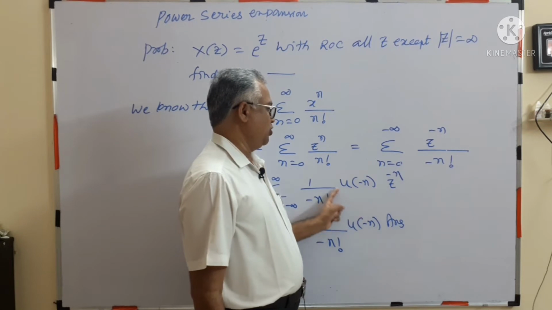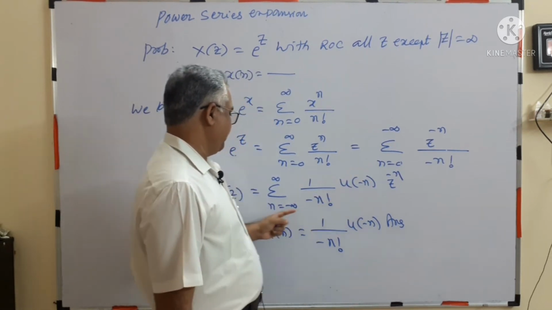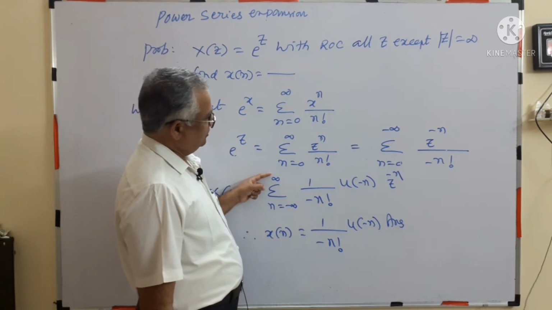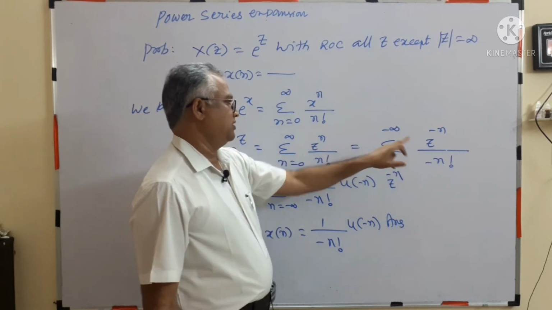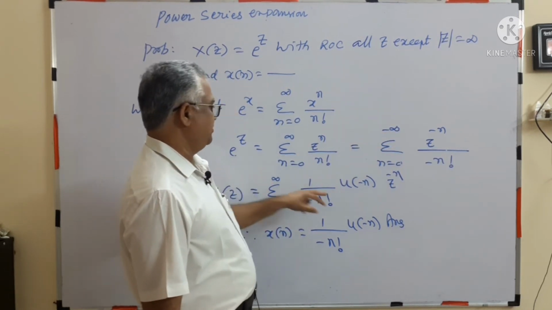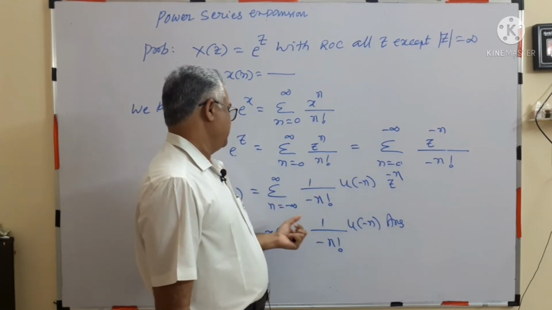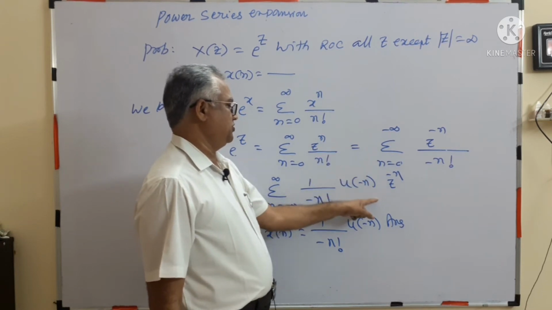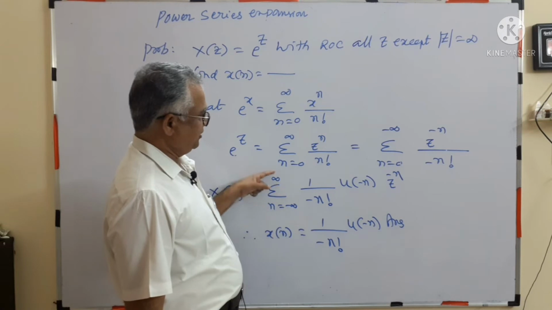Extra I have taken u of minus n. U of minus n I included, but the limits are minus infinity to plus infinity. So 0 to minus infinity it is there, and on the other side this value is 0. On the right side its value is 0, on the left side it is there. So in this range this value is 1, in the other range this value is 0. So when I included u of minus n, I can take it like this.